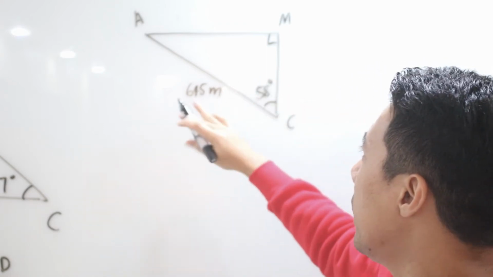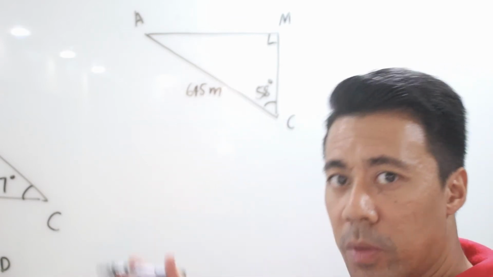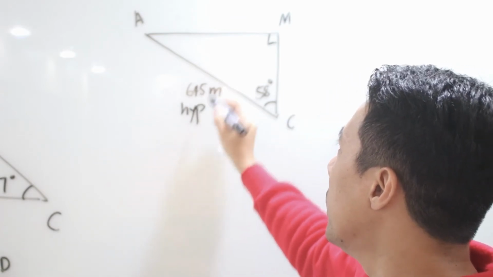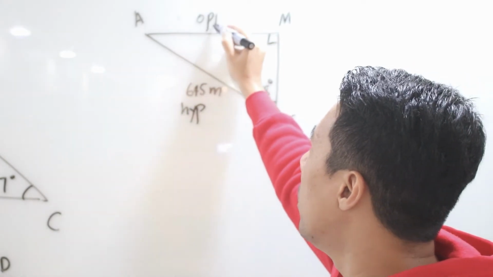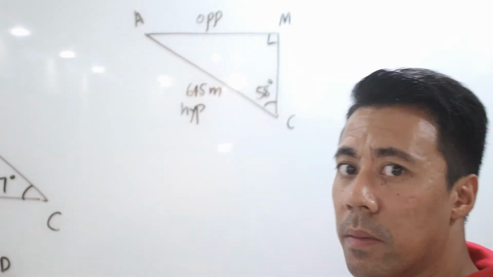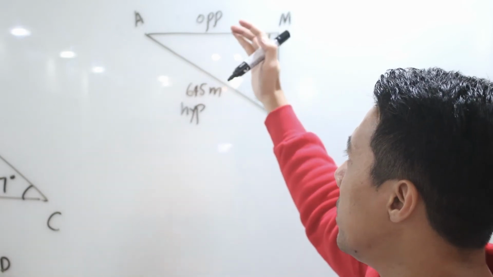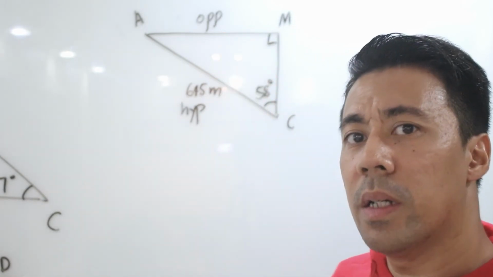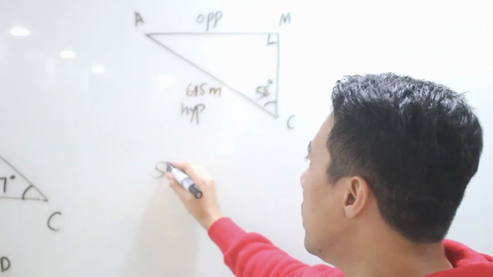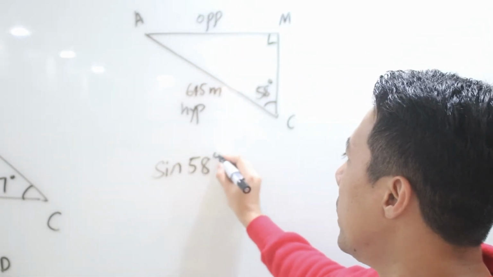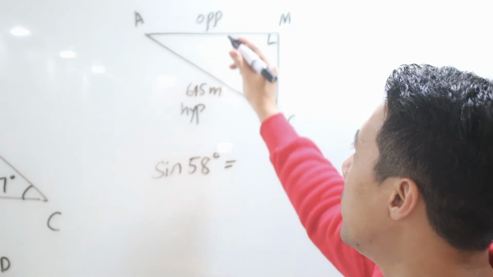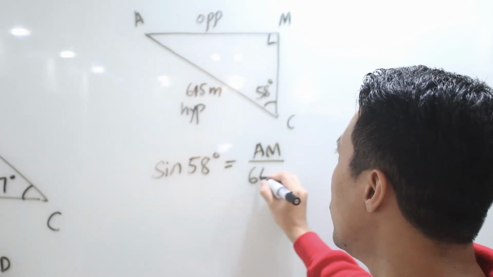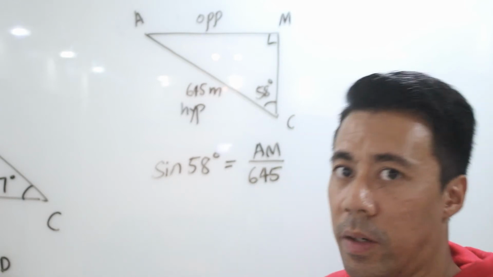We will first indicate where the opposite, hypotenuse and adjacent are. In this case, 645 will be the hypotenuse and AM is the opposite of this angle. Therefore, since opposite and hypotenuse are involved, I will use the trigo function sine. Sine 58 degrees is equal to opposite, which is AM, over hypotenuse, which is 645.